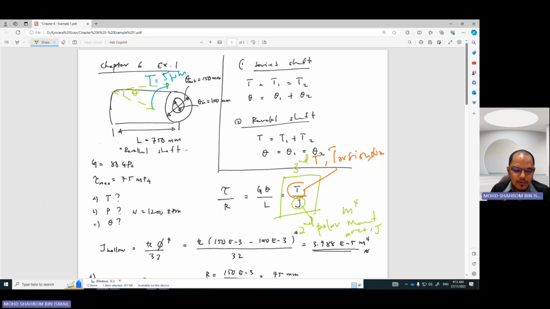Of course lah, J ni dia ada formula di sini. Nanti kita akan tengok lah. Ni contoh antara formula J lah. Of course lah, each of it ada formula sendiri. Biasa J lah. J ni dia macam I lah. Kalau untuk kes yang sebelum ni, dia macam I. Manakala G ni dia macam E.